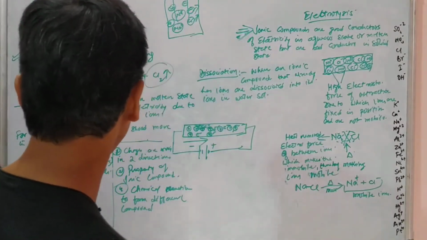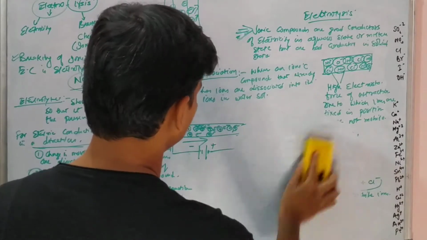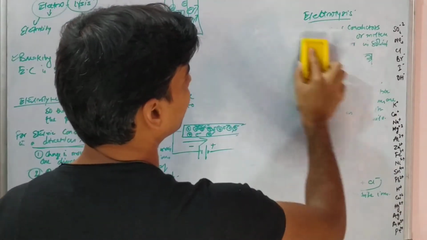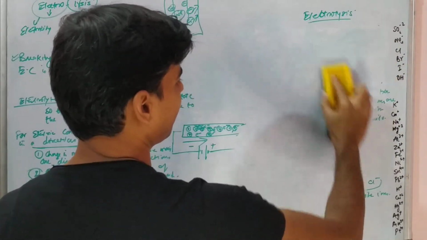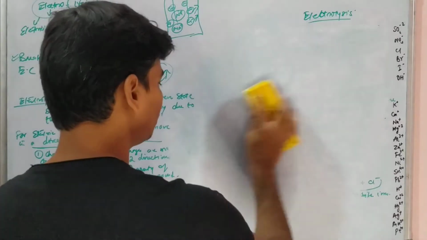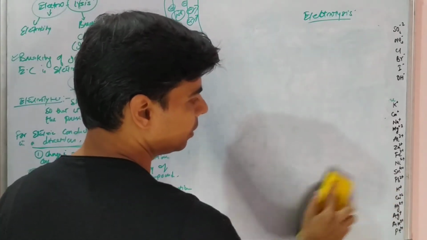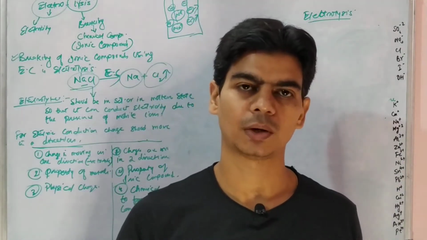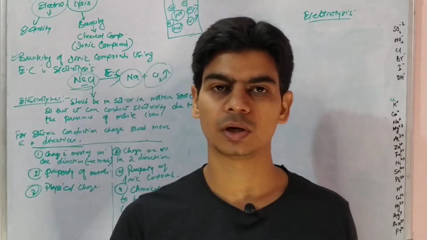And since we have discussed electrolytes, let's discuss a little more about electrolyte. I said that in order for an electrovalent compound to conduct electricity, the electrovalent compound should be in aqueous state or in molten state.